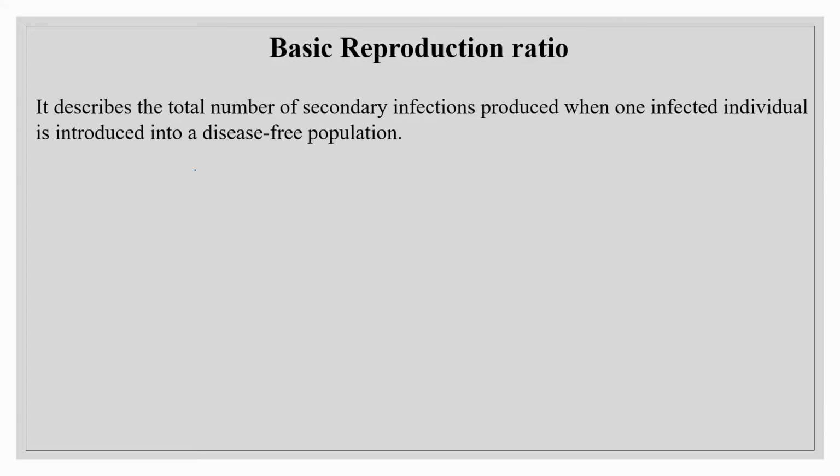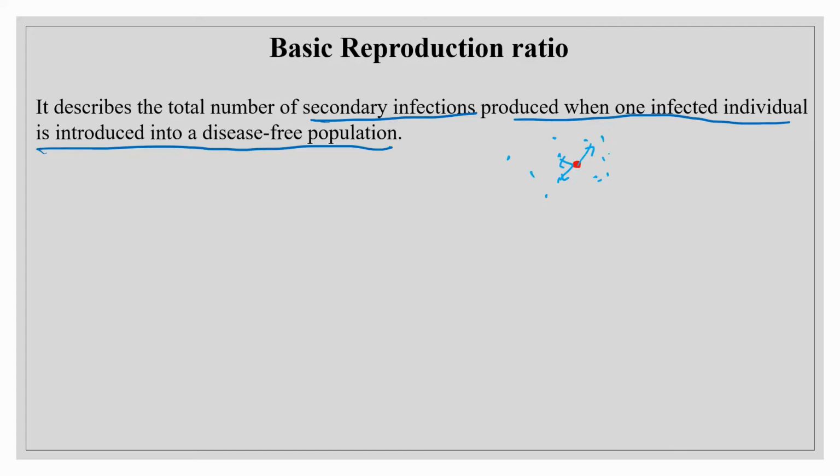It describes the total number of secondary infections produced when one infected individual is introduced into a disease-free population. That means suppose that you have a large population and you introduce one infected individual. Now the number of infections is spreading when this one is introduced into a susceptible population.